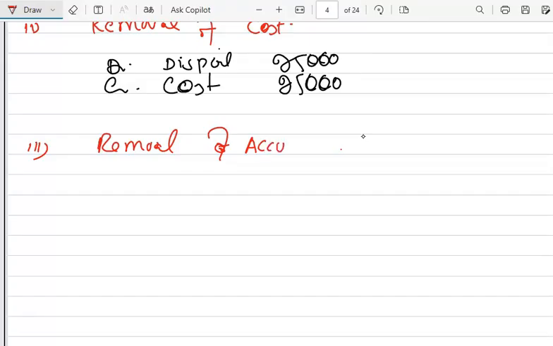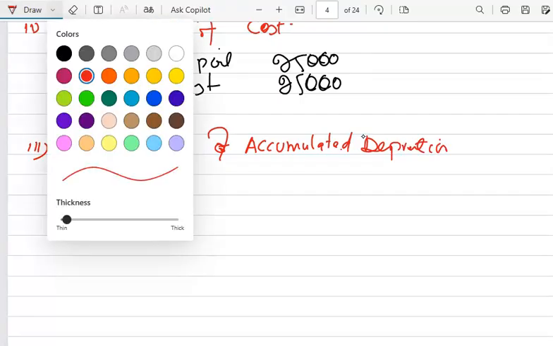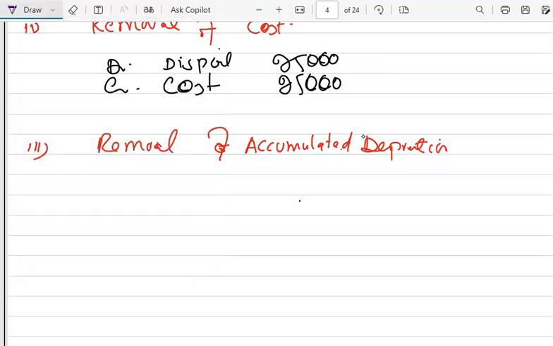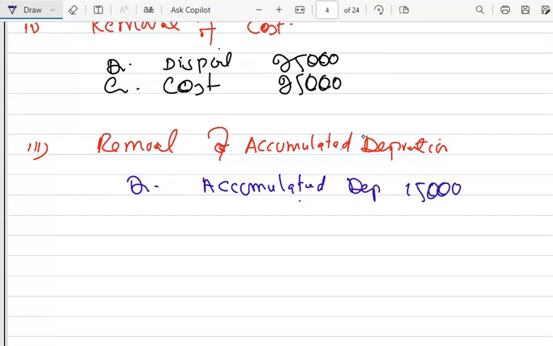Accumulated depreciation by nature is a credit, so I will record it as a debit to remove it. By how much amount of money? 15,000. And credit will be again disposal, with how much amount of money? 15,000.